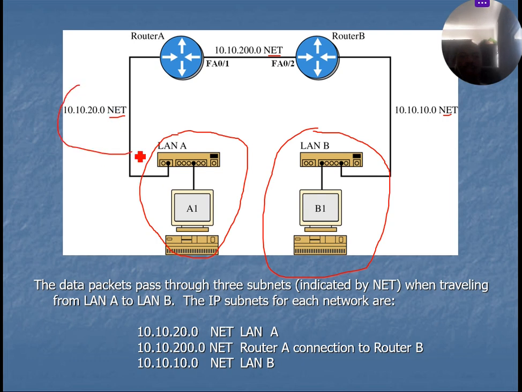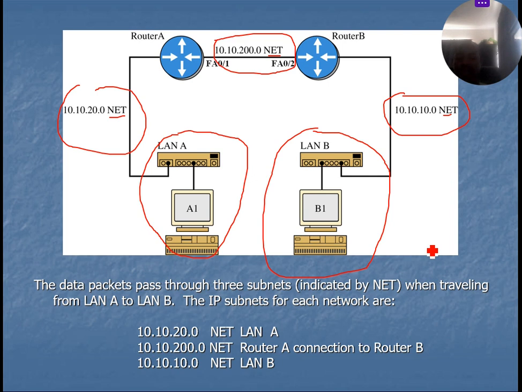This is the first IP subnet. So from LAN A to router A, we get 10.10.20.0. Then from router A to router B, it's 10.10.200.0. And then from router B to LAN B, we get 10.10.10.0.